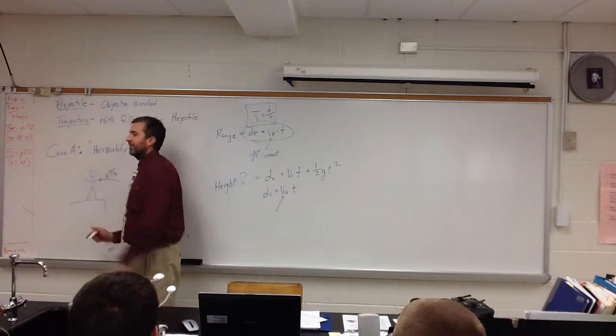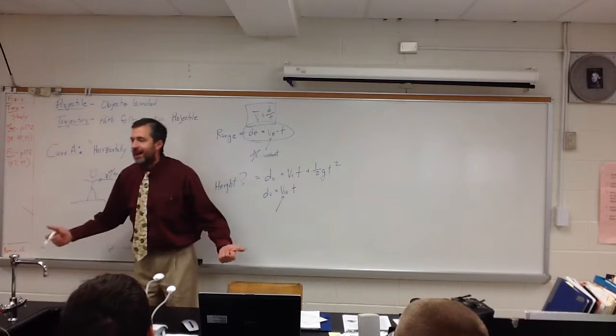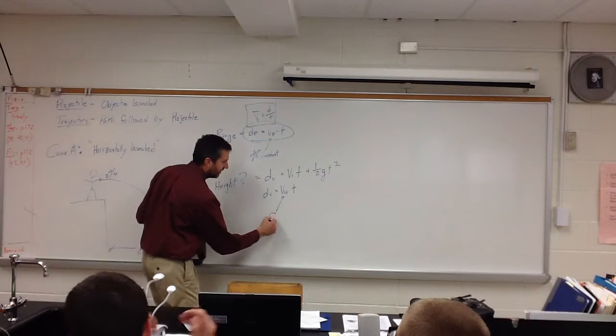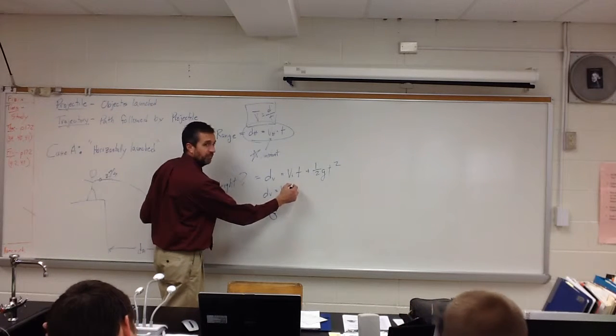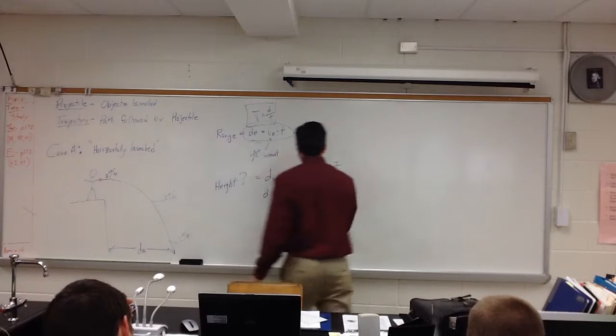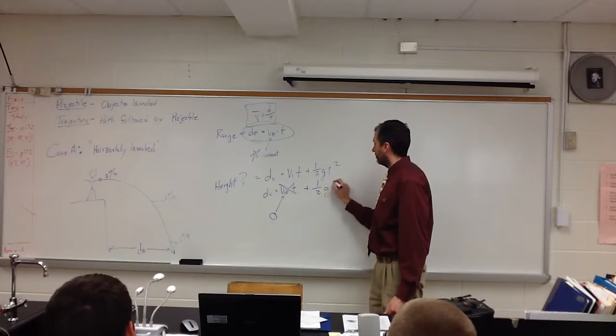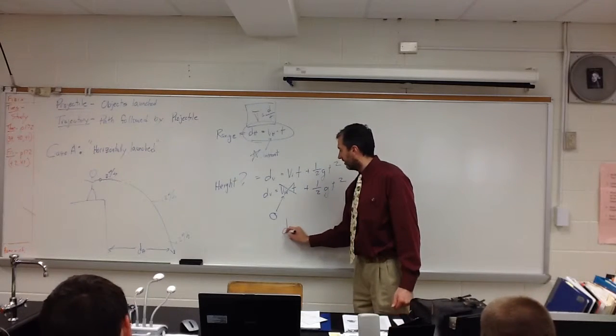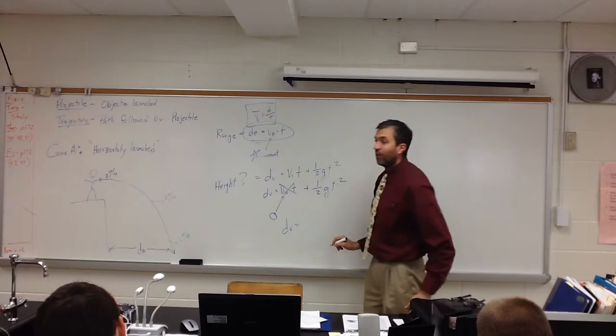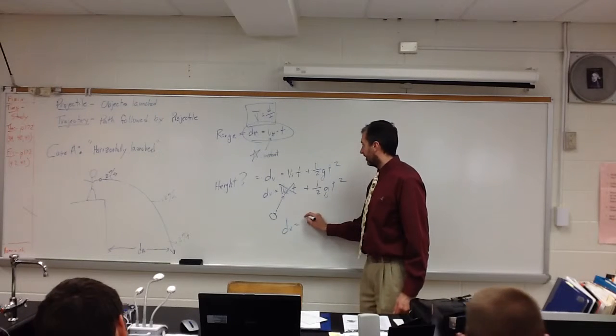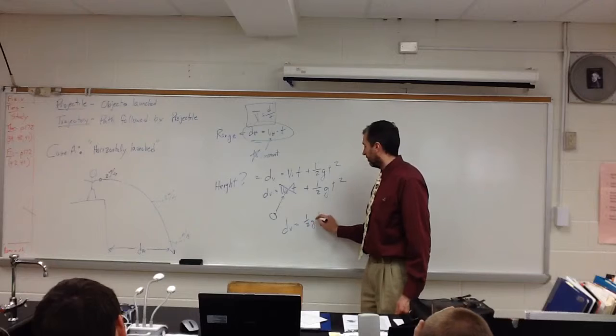But how fast is it going up and down when you let go? It's not. It's 0. So if this is 0, you know what happens to this whole term? It's gone. Now the rest of the stuff stays though, 1/2 gt squared. So actually this equation, for the purposes of finding how high a cliff is, is going to just be 1/2 gt squared.